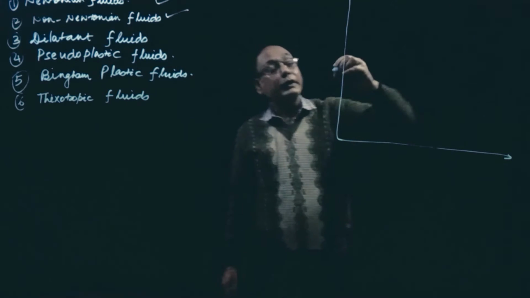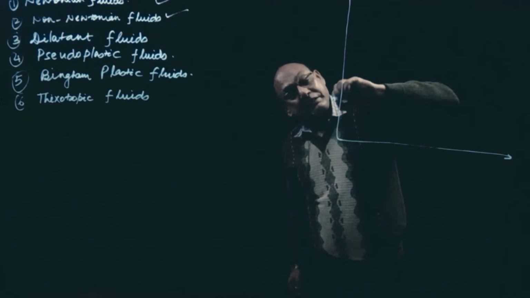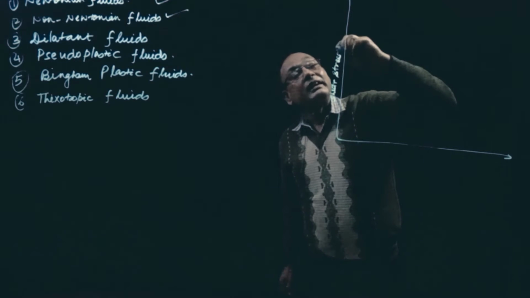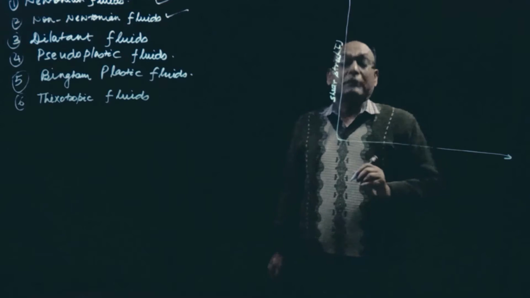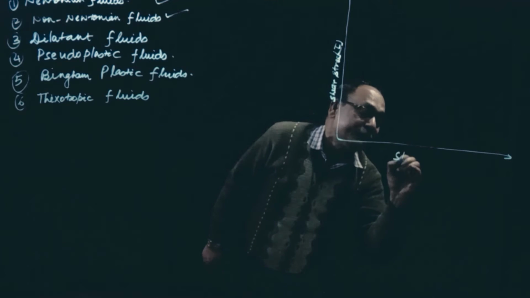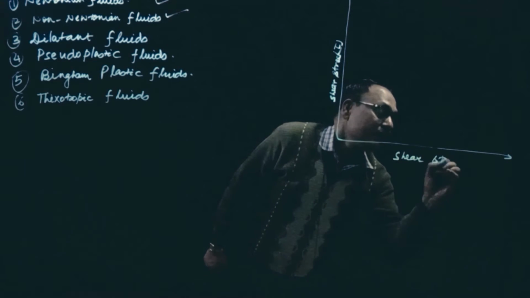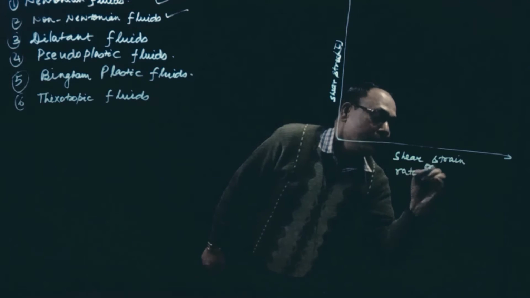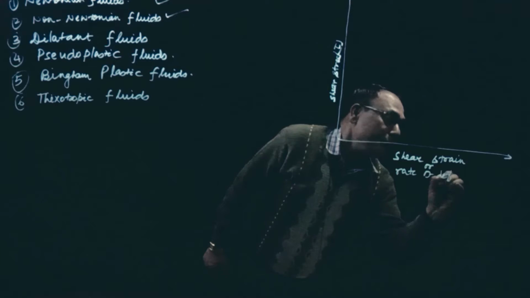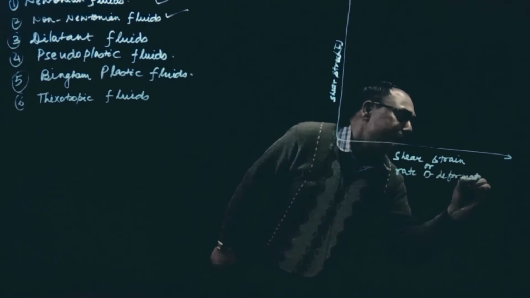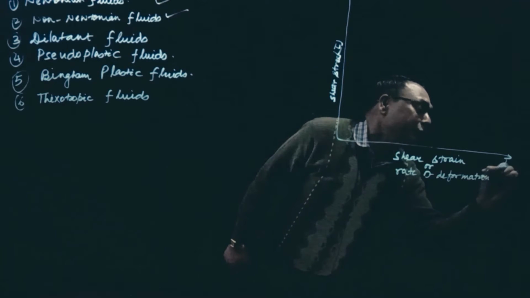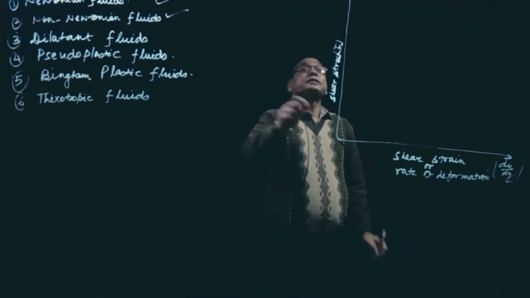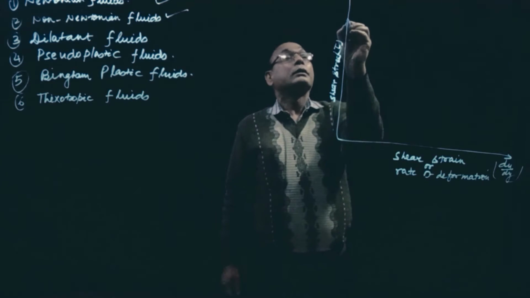So, as I told you, this is shear stress, tau. This is shear strain, and rate of deformation, which we are calling du by dy. That is the x-axis and this is the y-axis.